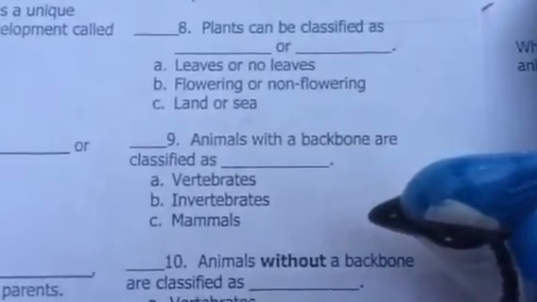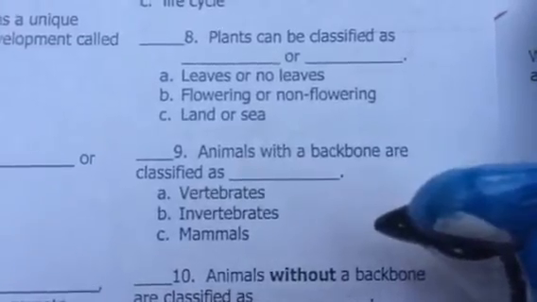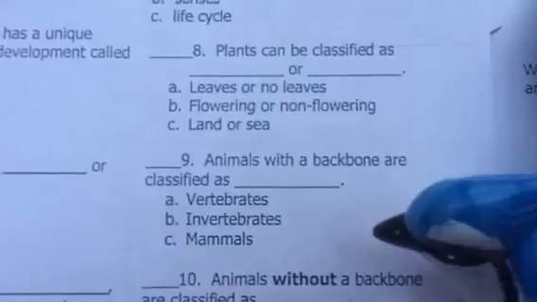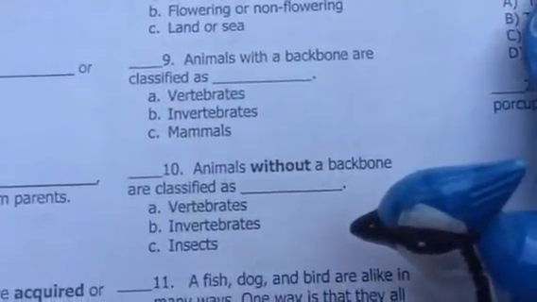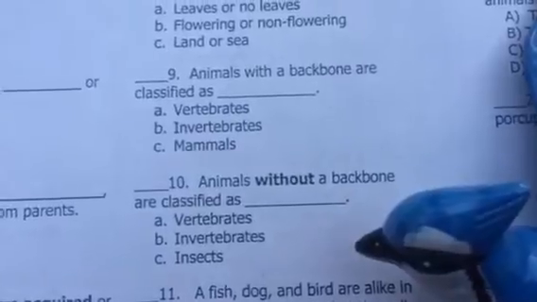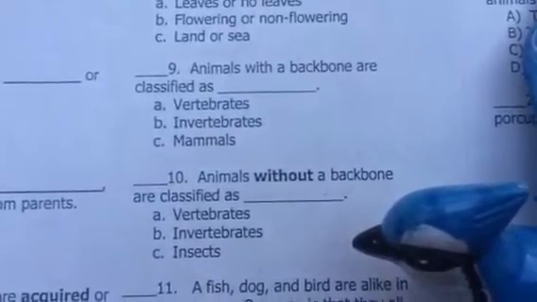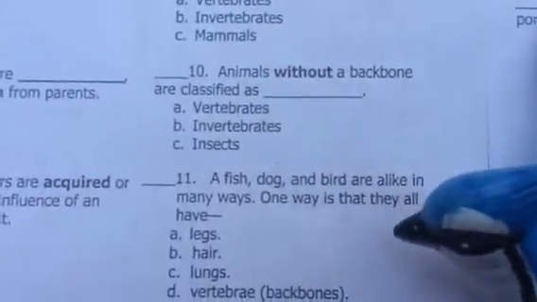9. Animals with a backbone are classified as blank. A. Vertebrates. B. Invertebrates. C. Mammals. 10. Animals without a backbone are classified as A. Vertebrates. B. Invertebrates. C. Insects. 11.